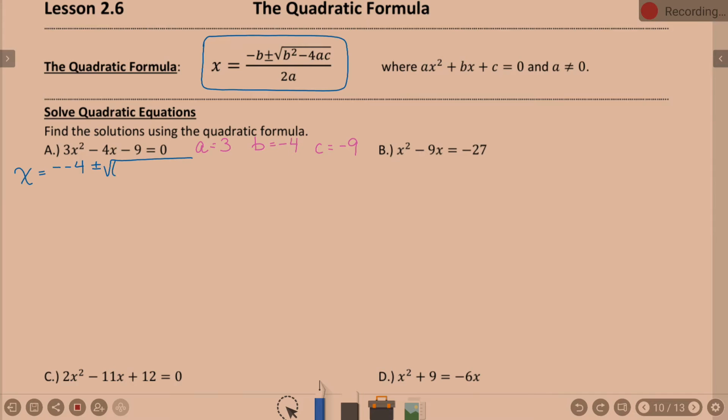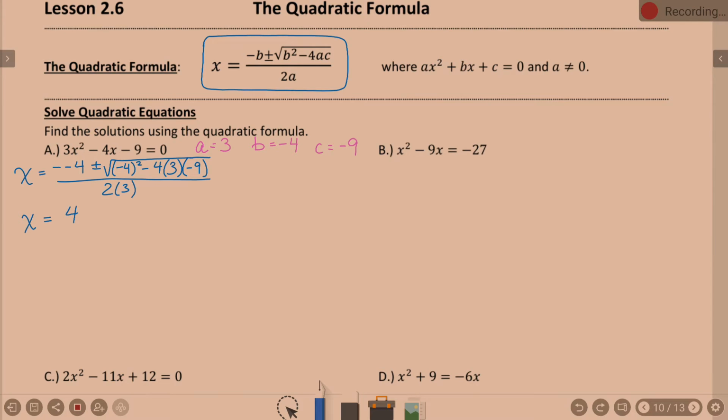When I write that b squared, I'm going to put negative 4 squared in parentheses, minus 4 times a, which is 3, times c, which is negative 9, all over 2a, so 2 times 3. I would always encourage you to write down that 2 times 3. I've seen some people try to skip it and think, oh, I'll put it in at the end. Ultimately, they forget to put it in. So, okay, work on some cleanup.